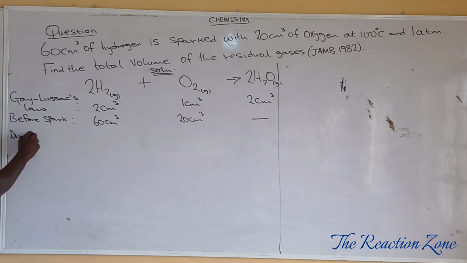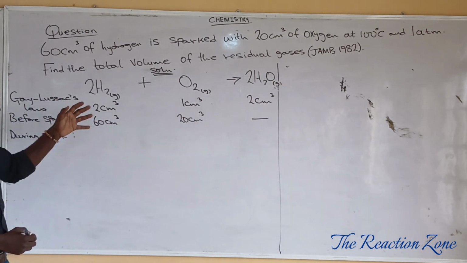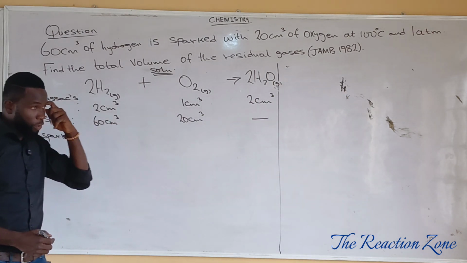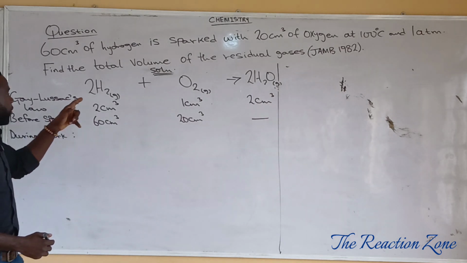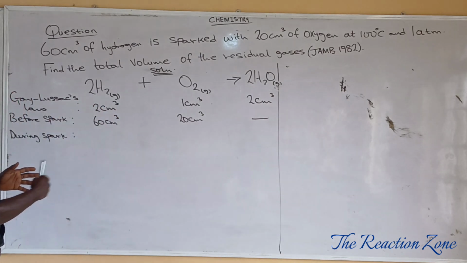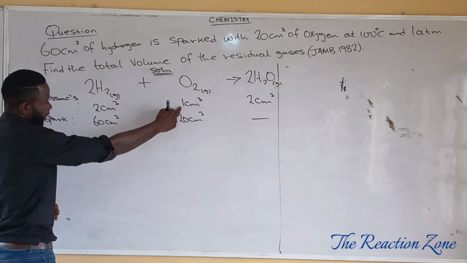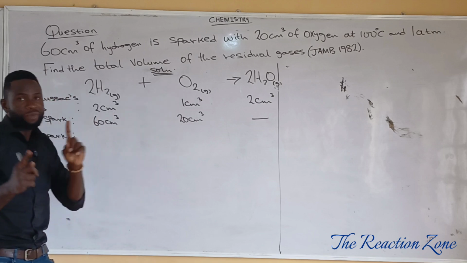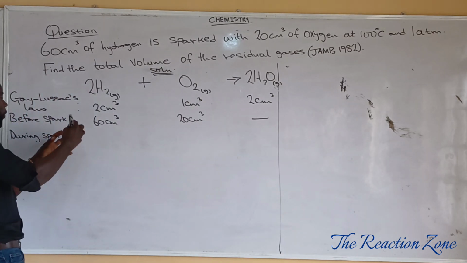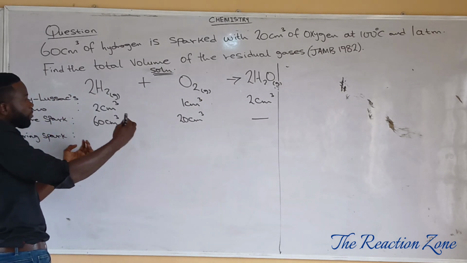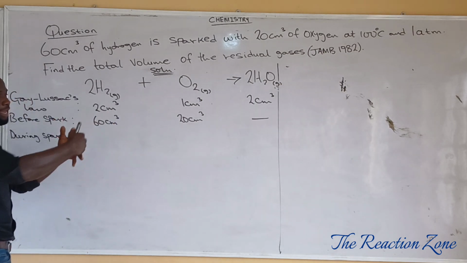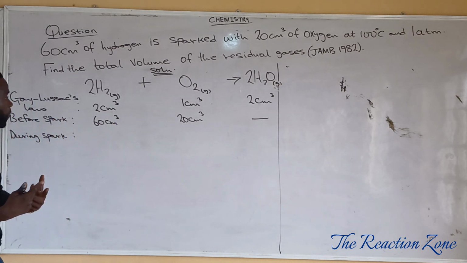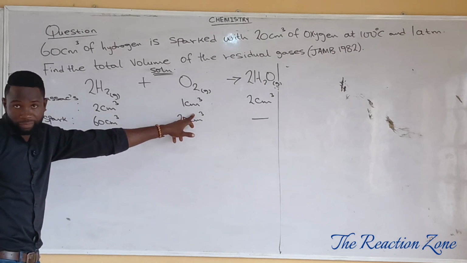During the spark, what do we have? For us to get how much of hydrogen is packed with a particular volume of oxygen, we need to look at the combining volume. The combining volume is in the ratio of 2:1. So the volume of oxygen and the volume of hydrogen that combine together during the spark must also be in the ratio of 2:1.